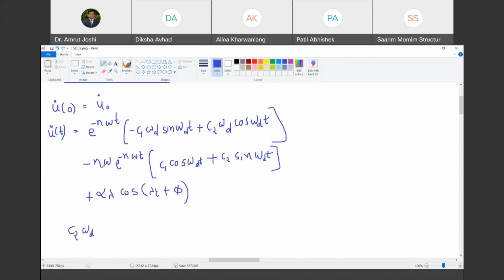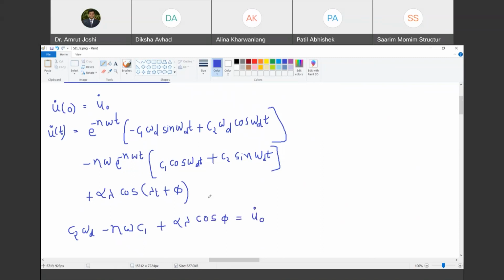This term becomes minus eta omega, first term becomes C1. So minus eta omega C1. This term vanishes. This term becomes alpha lambda cos phi. This must be equal to U0 dot.